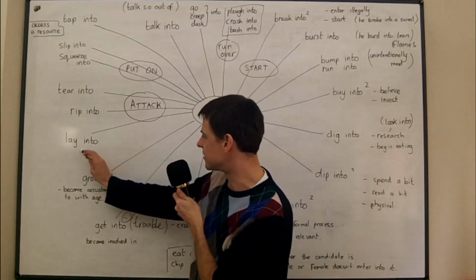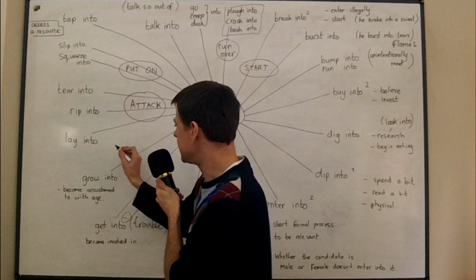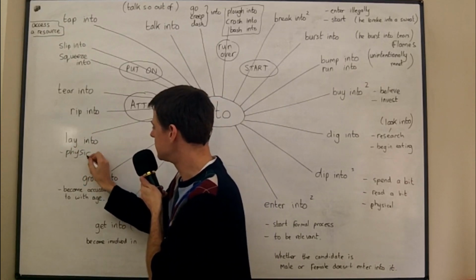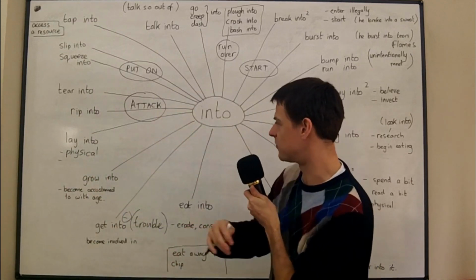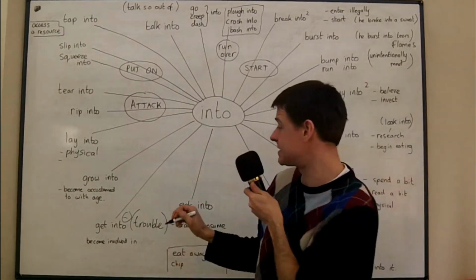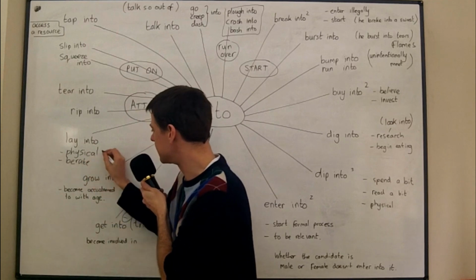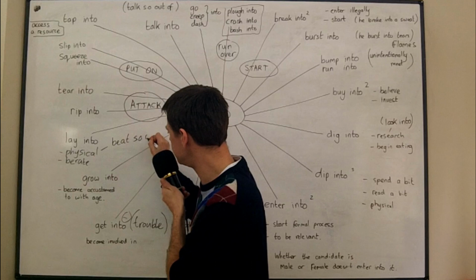Now, if you lay into someone, it could mean two forms of attack. It could mean physical, or it could mean when you just say bad things to someone, when you criticize someone, when you berate someone, scold someone. It could mean physically though, which would be beat someone up. Don't forget that great phrasal verb, beat someone up.